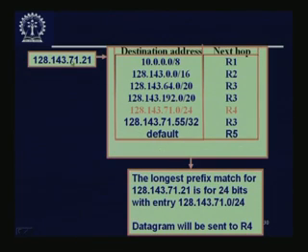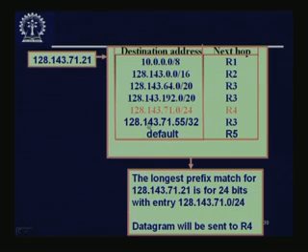So, suppose this is a destination address which has come in: 128.143.71.21. Of course, the 128 part would have matched with this and 143 would have matched with this. But then here this is 0, this is 71. So, this will get a much better match with the one shown in red.